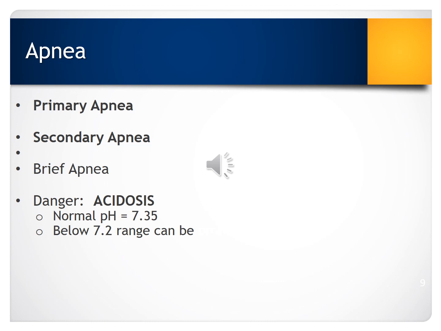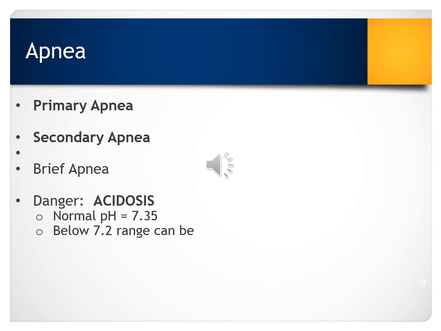Babies experience periods of brief apnea in the first few days of life. These are short periods, less than 15 seconds, where there's no breathing.